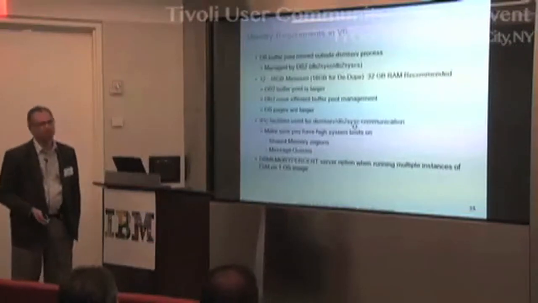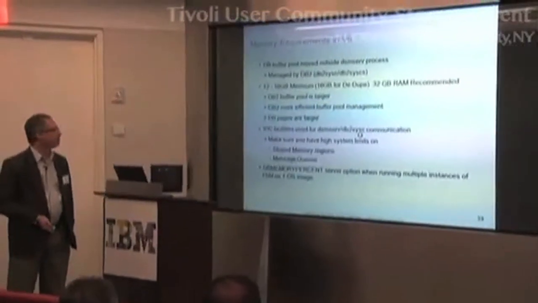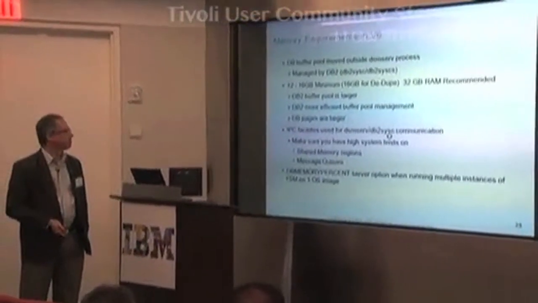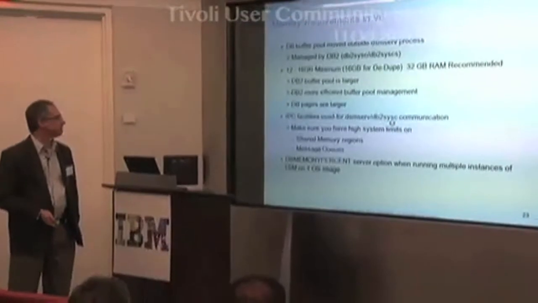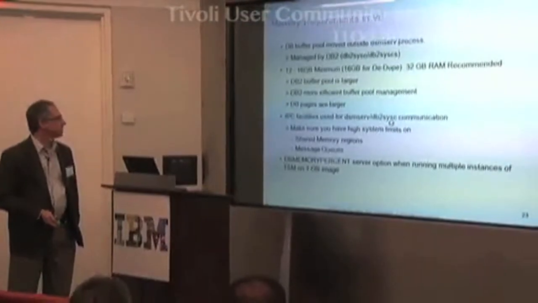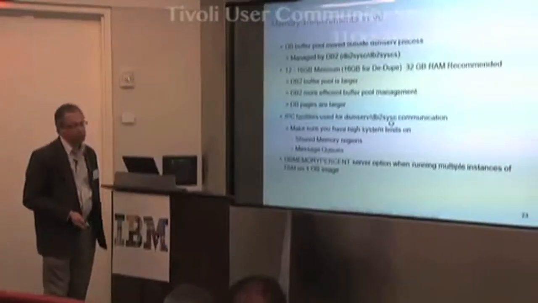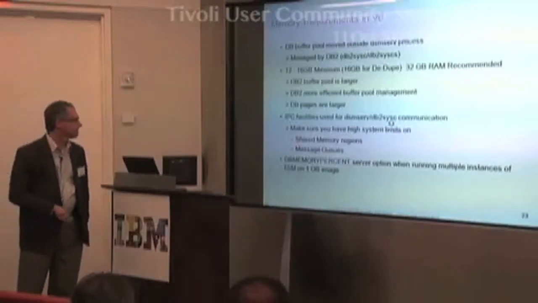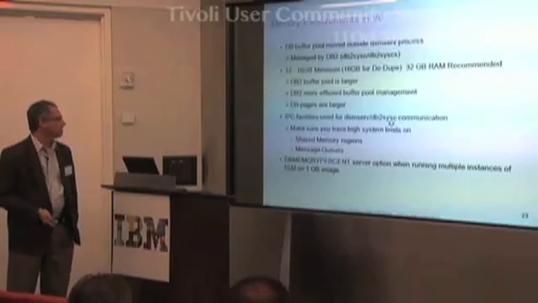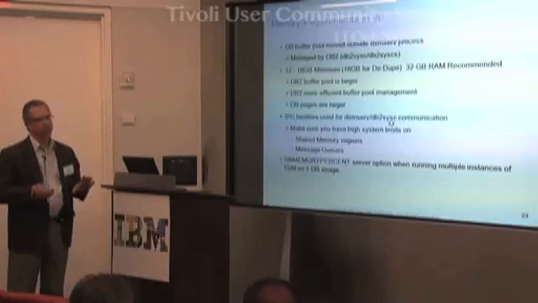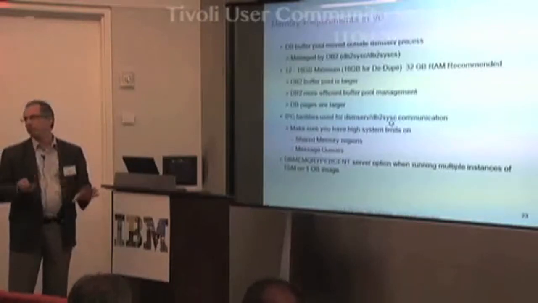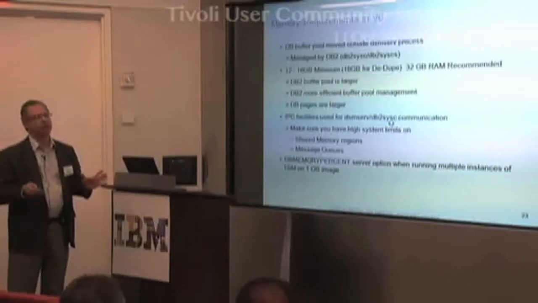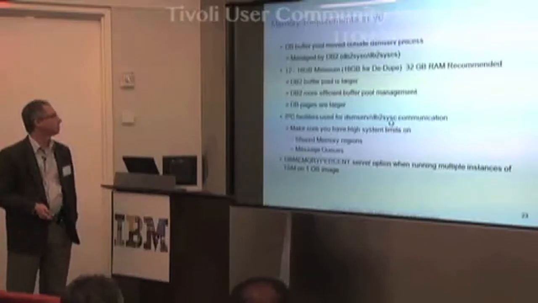DB2 is a different beast, right? So memory can certainly help out if you have excess memory. And if you're running multiple instances, it'll further drive that number up. There's a command, db memory percents, that you can use to isolate how much memory each instance will consume on that same OS image.